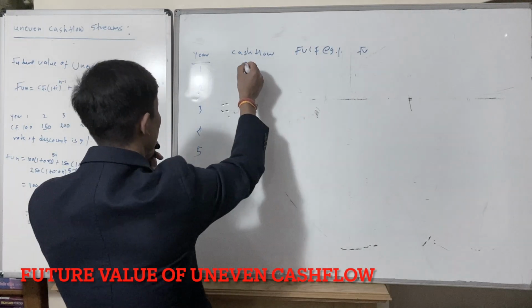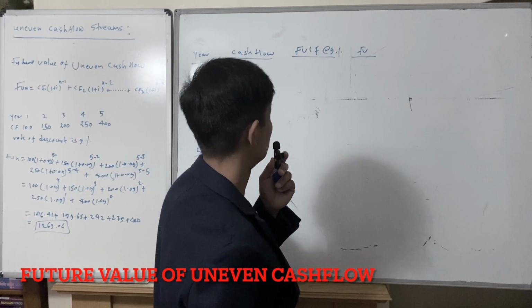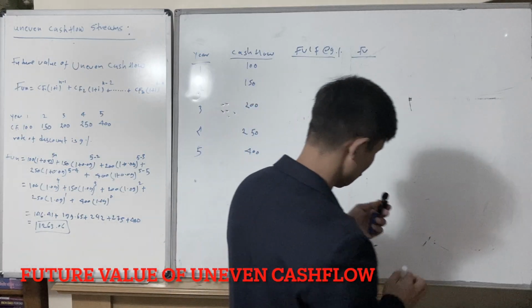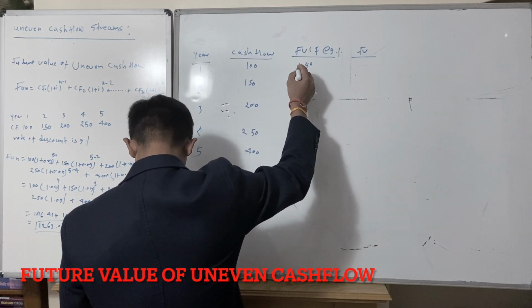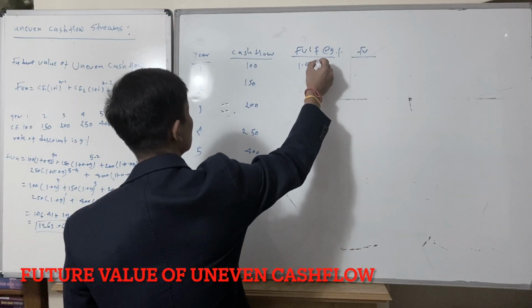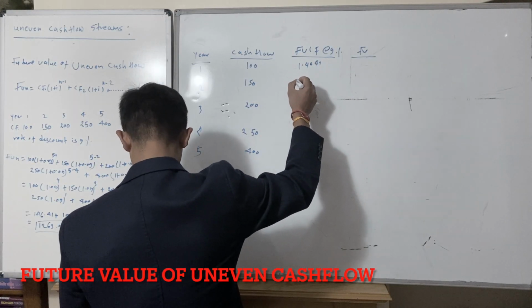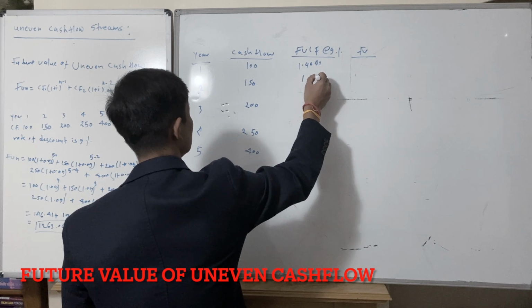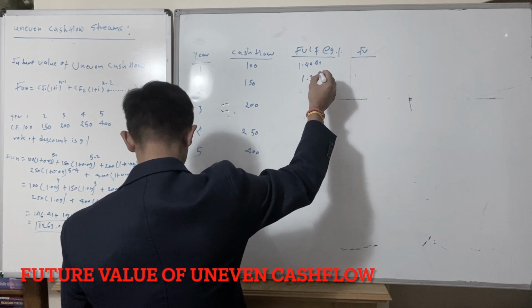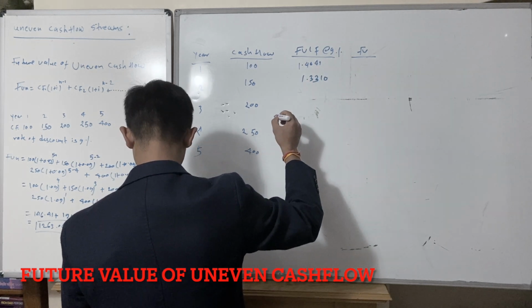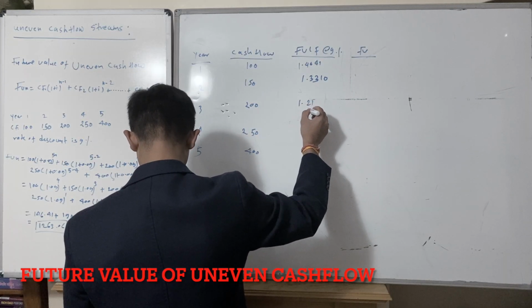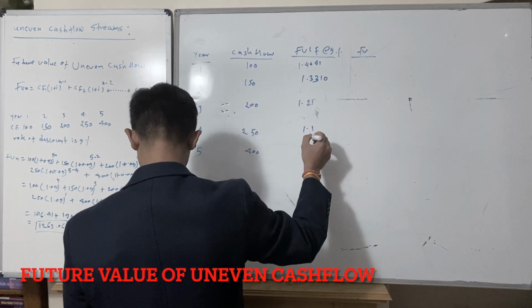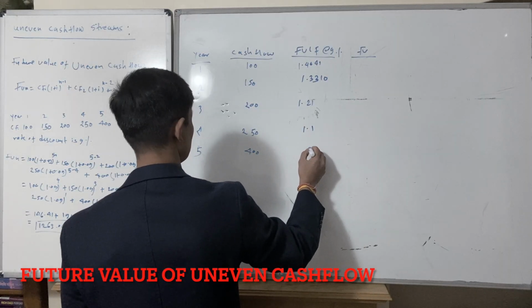And if you look in the future value interest factor table, we get 1.4641, 1.3310, 1.21, 1.1, and this one is 1.